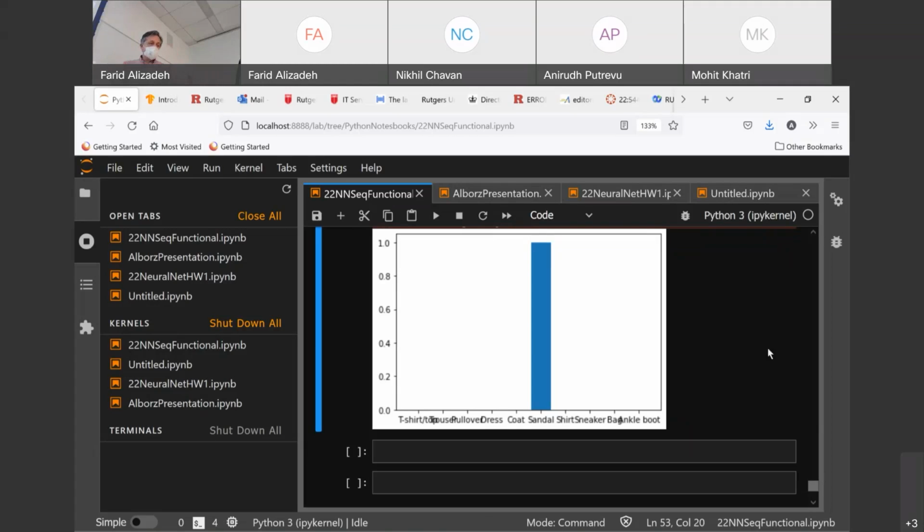Then you feed it, and you're supposed to design a neural network. I suggest that you start with just one layer and a small number of variables to see how bad it is or how good it is, and then try to improve, maybe by increasing the numbers in a layer, and then adding one more layer and so on, and see if you can get to about 95% plus accuracy.